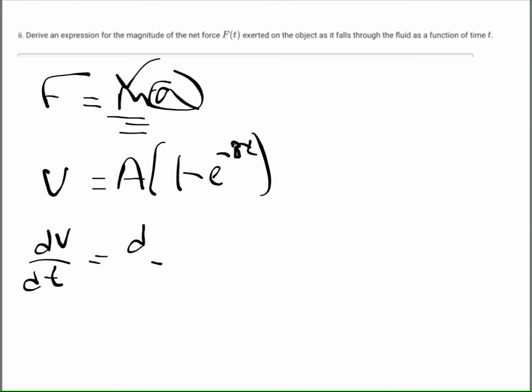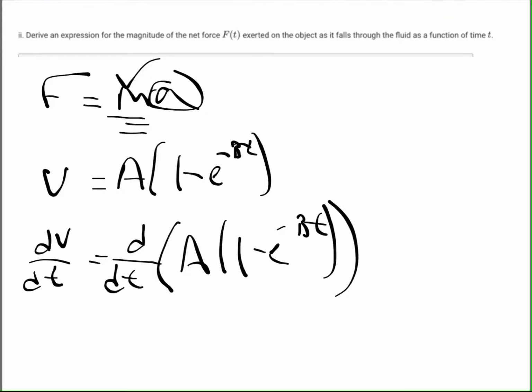So we're going to say d/dt of a times 1 minus e to the negative bt. Okay. So I'm going to distribute this, right? I'm going to say a minus a e to the negative bt.